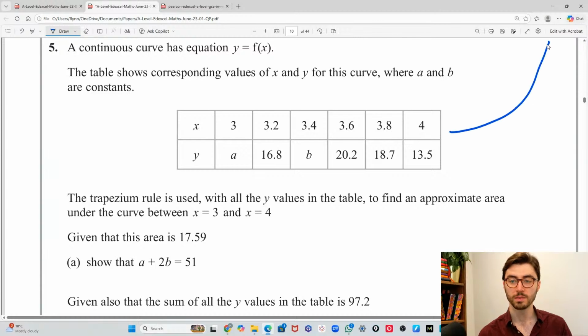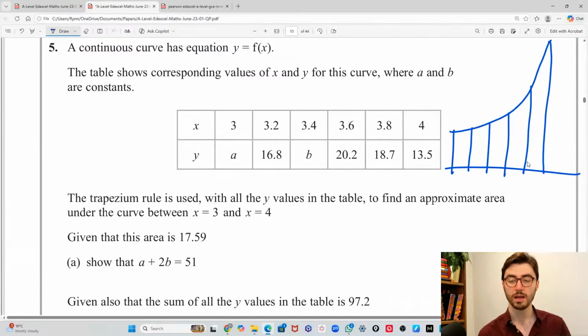So if the curve is doing something like this, if we can't find the exact integral under the curve between here and here, what we can do is cut it into ribbons and approximate each ribbon as being a trapezium. So the area of a trapezium is a half, well, the average of the parallel sides times the distance in between.